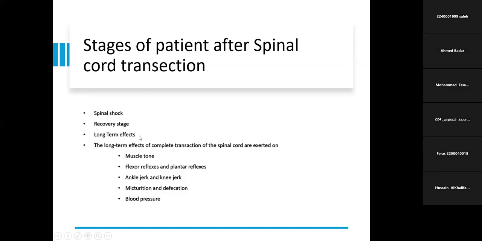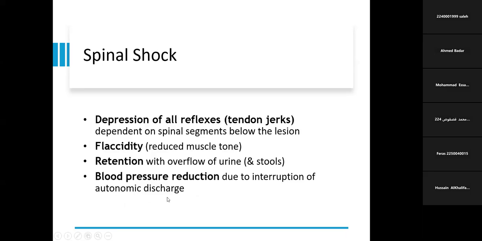Then there are long-term effects. And the long-term effects: muscle tone, flexor reflexes, plantar reflexes are finished, which in the recovery stage come back and become more powerful. Ankle jerk and knee jerk are affected. Urine passing and stool passing are affected. Blood pressure is affected. We discuss it.